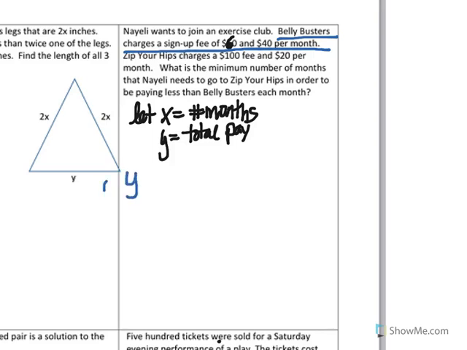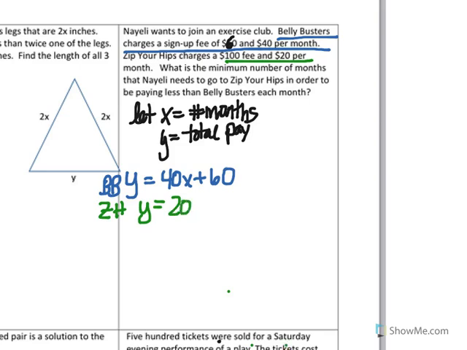So we're going to say Y, I'm going to put BB here, Y equals 40X plus 60. And then Zip Your Hips, $100 fee plus $20 per month. So we're going to say ZH, Y equals 20X plus 100.